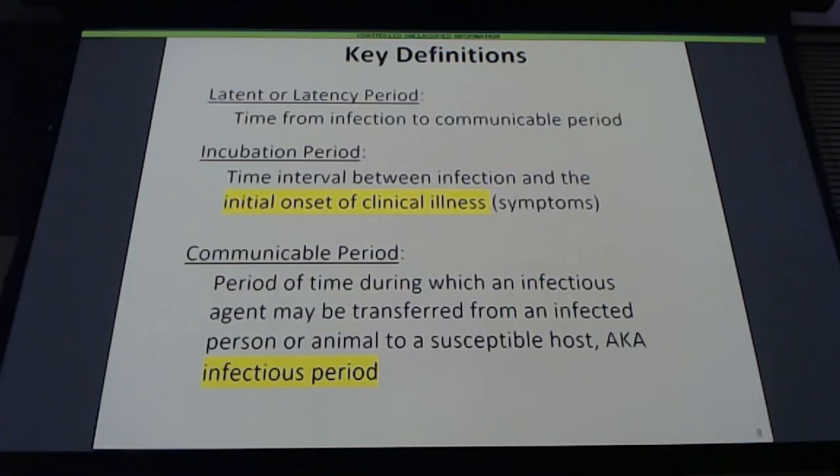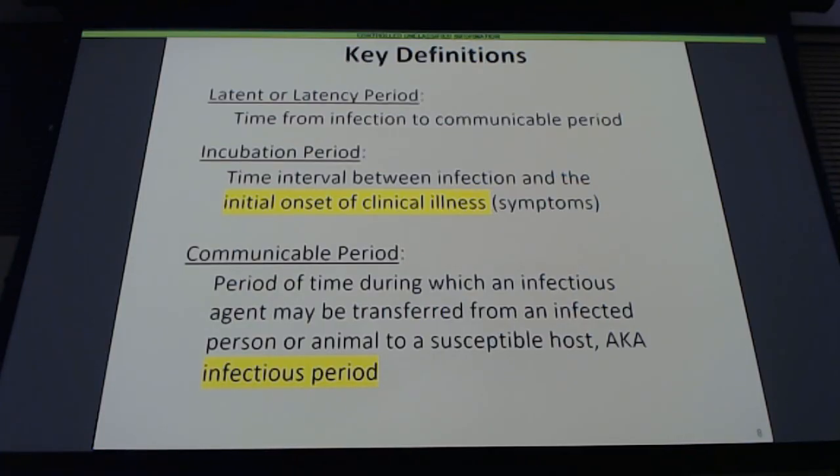Definition, you probably need to know, right? Latent or latency period is the time from infection to the communicable time period. Okay. You have the incubation period: the time interval between the infection, when you actually get it or are exposed to it, and the initial onset of the clinical illness.